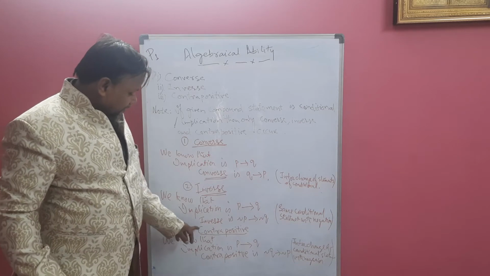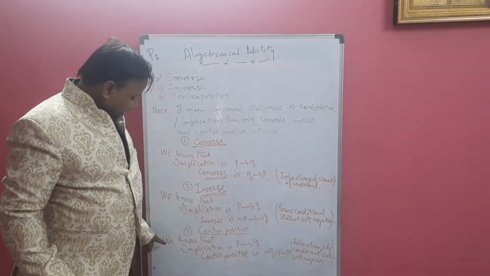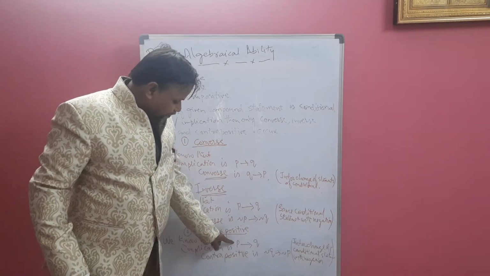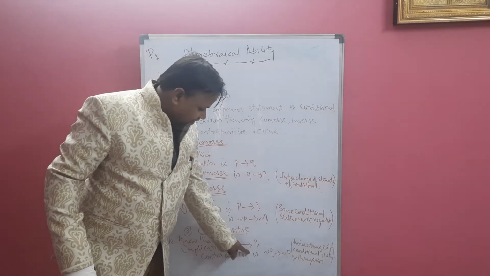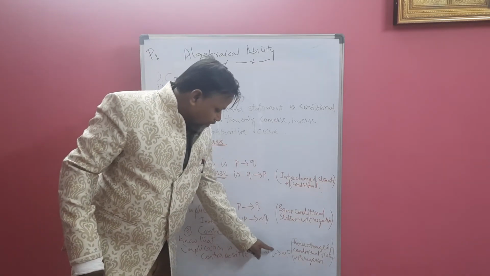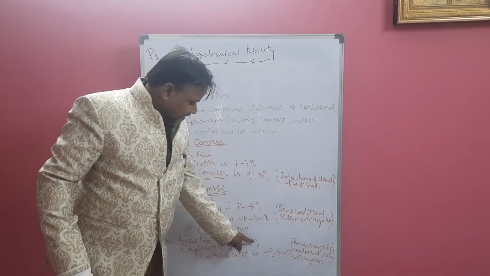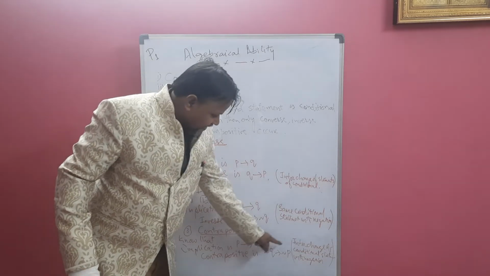Now the third one, contrapositive. We know that the implication or conditional statement is P implies Q. The contrapositive statement is negation Q implies negation P. We have to interchange the statements with negation sign.